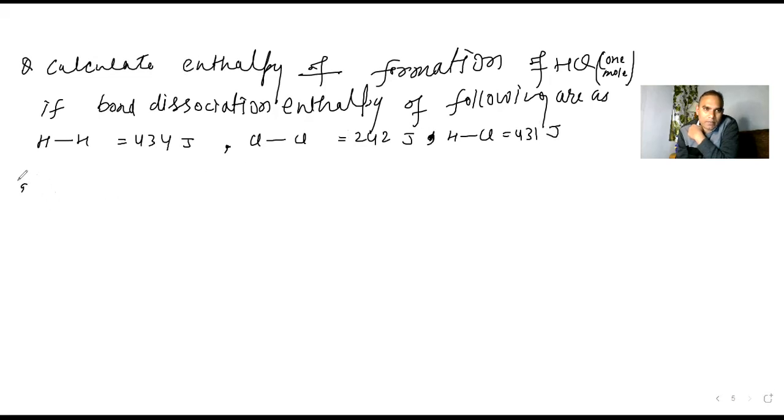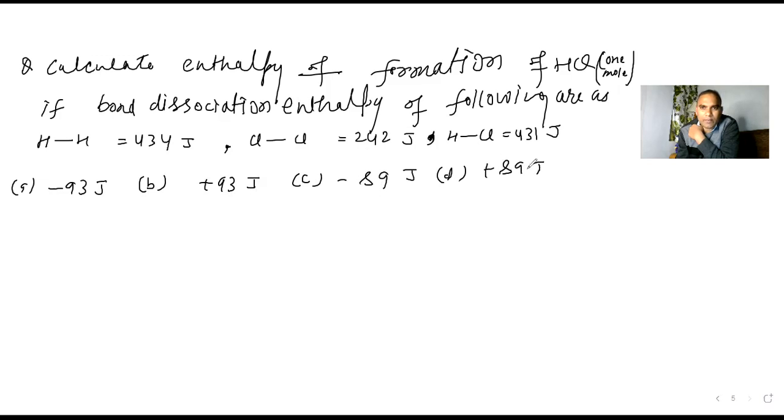Option A is minus 93 joule, B is plus 93 joule, C is minus 89 joule, and D is plus 89 joule. So we need to solve it.